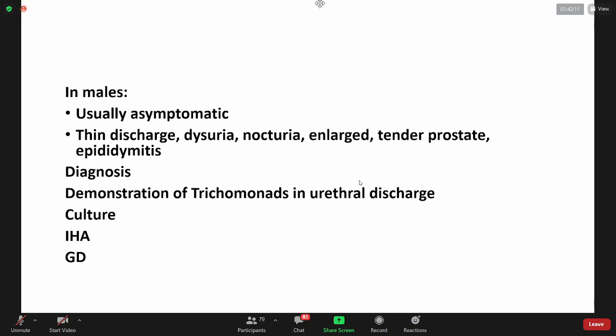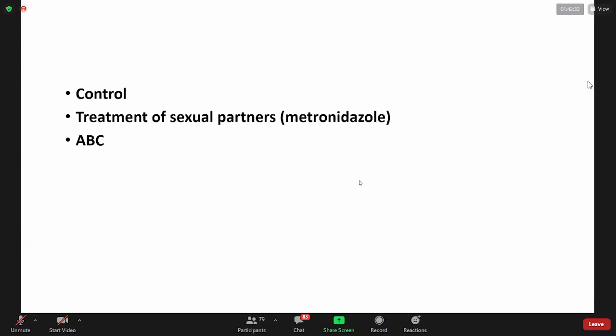Diagnosis depends on demonstration of the parasite in a urethral discharge. It can also be by serological methods. Control depends on treatment, and it is encouraged that all sexual partners should come for treatment.